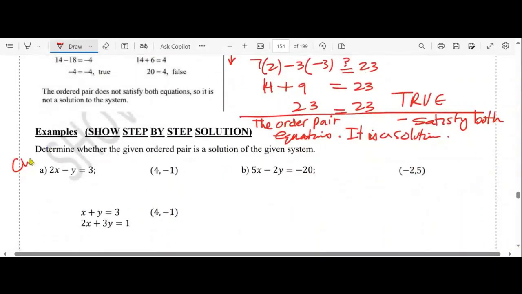Okay. Can you do this one? Please do one here. Which one to do? This one, right? The point here is what? 4 and negative 1. First time you do it here and second time you do it here.